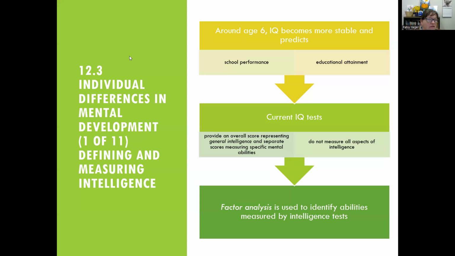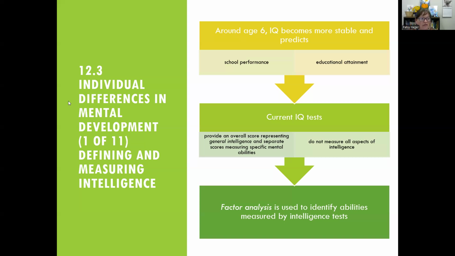Current IQ tests provide an overall score representing general intelligence and separate scores measuring specific mental abilities. They don't measure all the aspects of intelligence, and so a child who may be very intelligent may not test as intelligent as they may actually be.